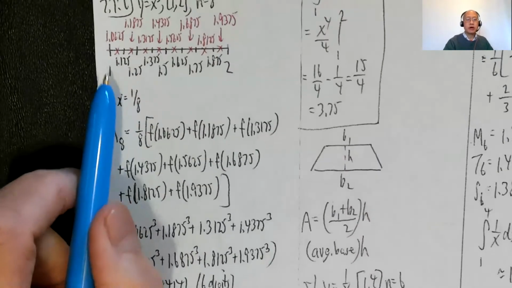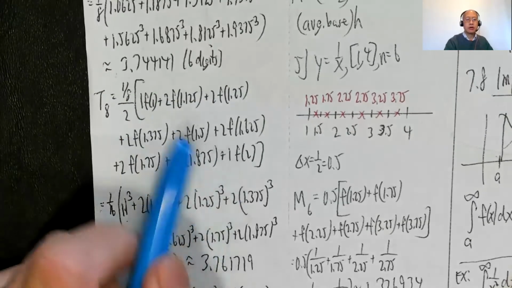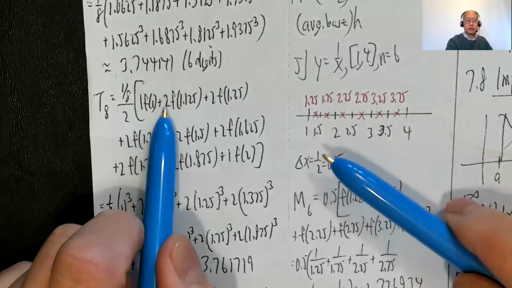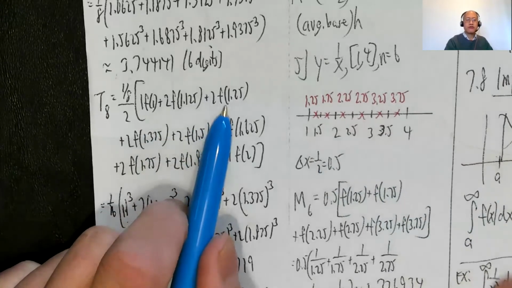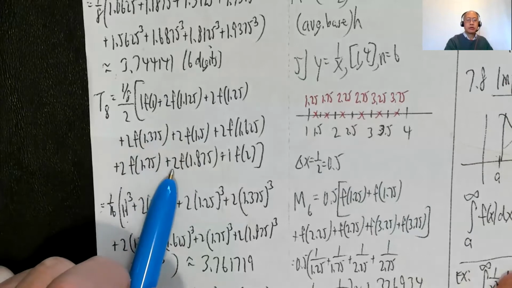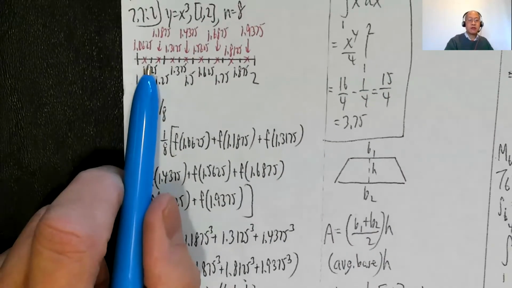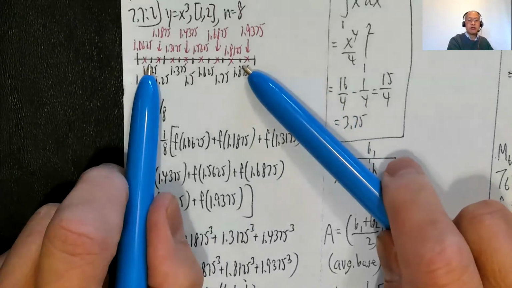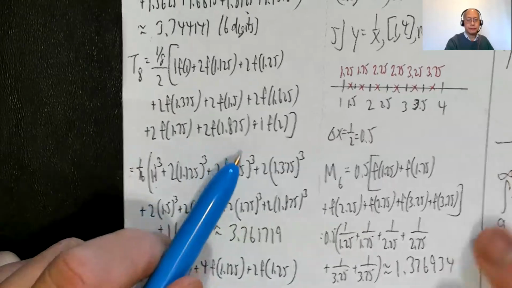So 1 times f of 1, 1 times f of 2, but 2 times all the in-between ones: 2 times f of 1.125, 2 f of 1.25, and so on, up to 2 f of 1.875. So everything from here to here gets a coefficient of 2. The first one and the last one only have a coefficient of 1.